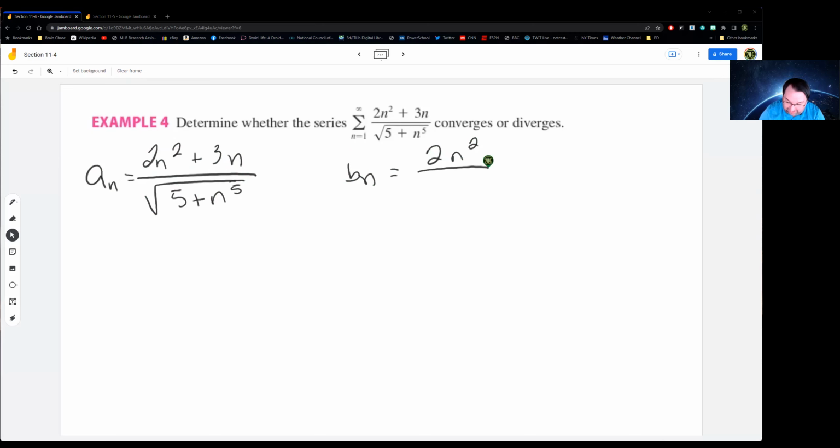And in my denominator, it's going to be n to the 5 halves, or if you want to write it, the square root of n to the 5th, because that part's going to take over that 5. That 5 is not going to mean much. So I can now simplify to 2 over n to the 1 half.